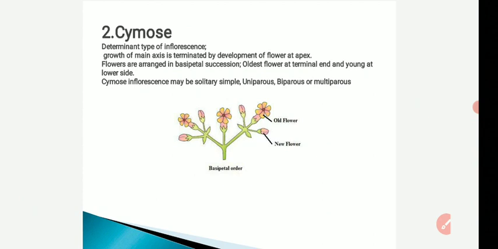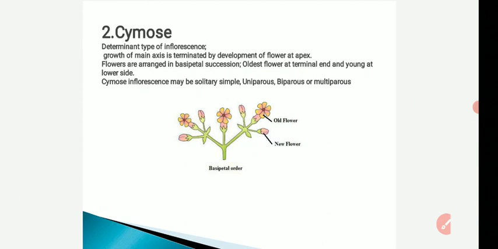Already we know that inflorescences have types on the basis of the growth of the peduncle as well as the arrangement of flowers on that peduncle. In case of racemose, the growth of the peduncle is indefinite and never terminated by a flower, and the flower arrangement is always acropetal in succession.